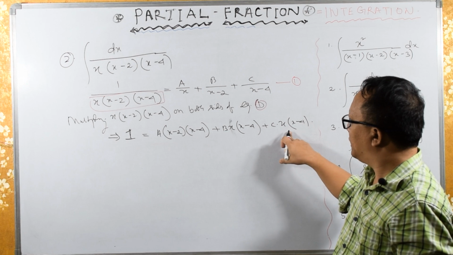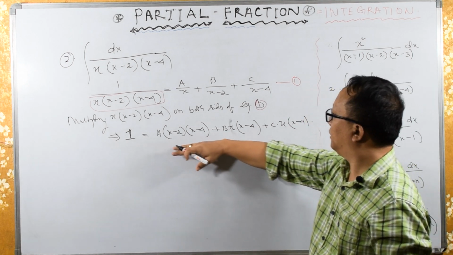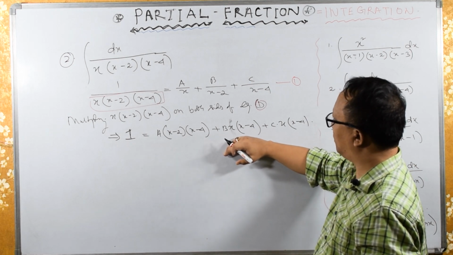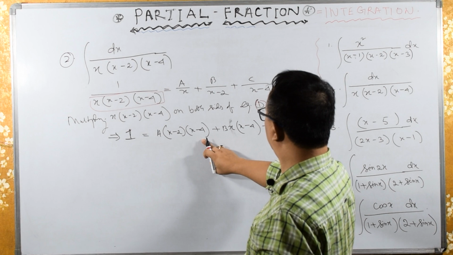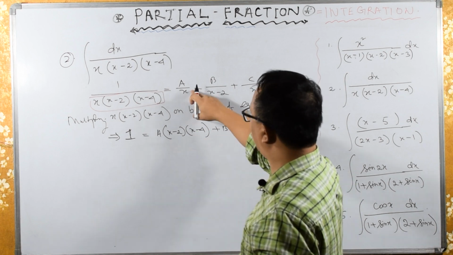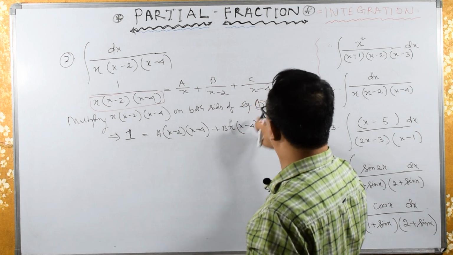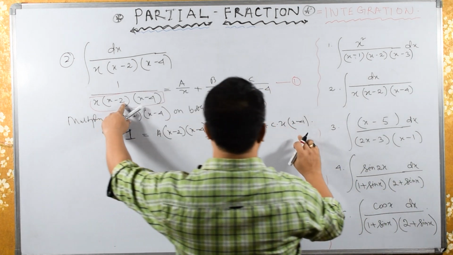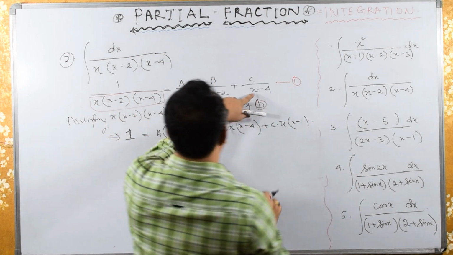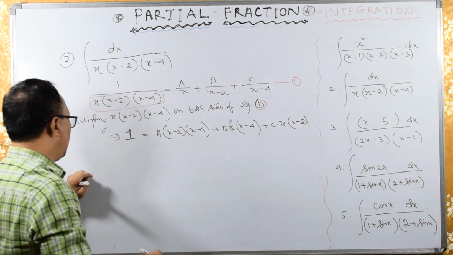Similarly, if I substitute x equals 4, this term and this term go. Here a into x gets cancelled, x minus 4 gets cancelled, it should be x minus 2 actually. Now let's substitute.